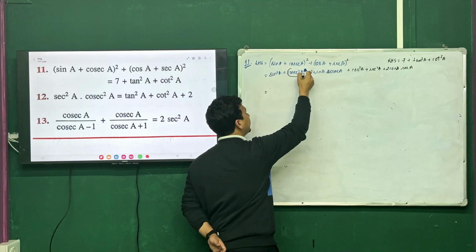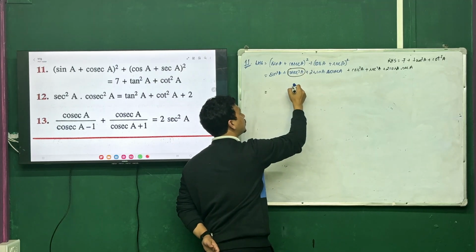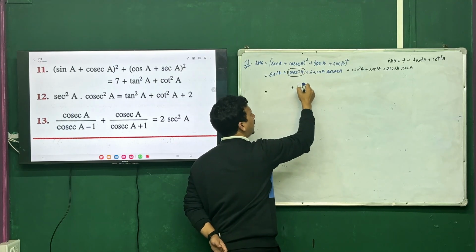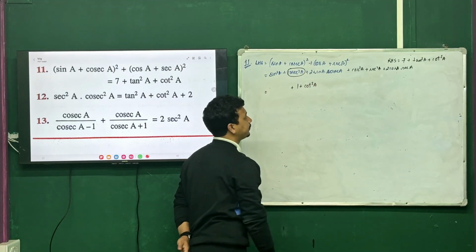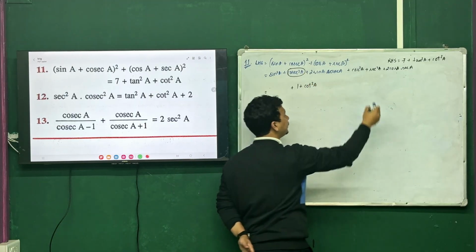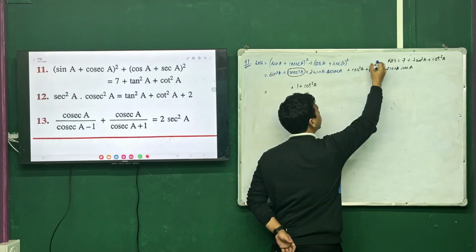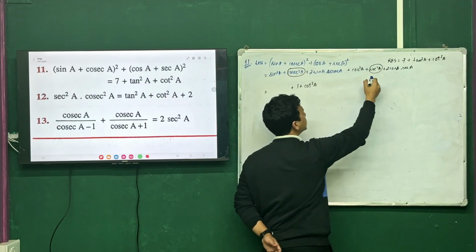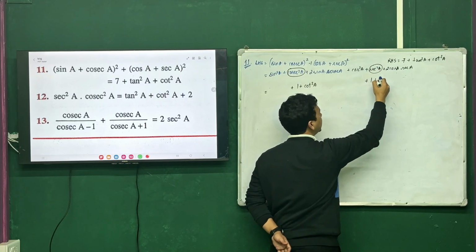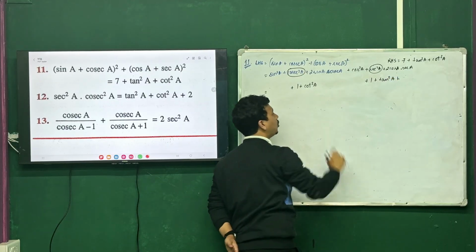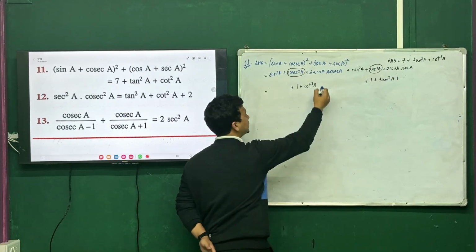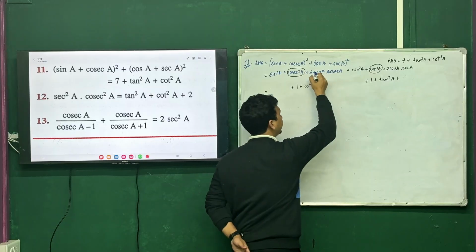Cosec square, I know that I can write it as 1 plus cot square A. Similarly, sec square I can write it as 1 plus tan square A. So see, somehow I got cot square and tan square. Now what do we do with this term?